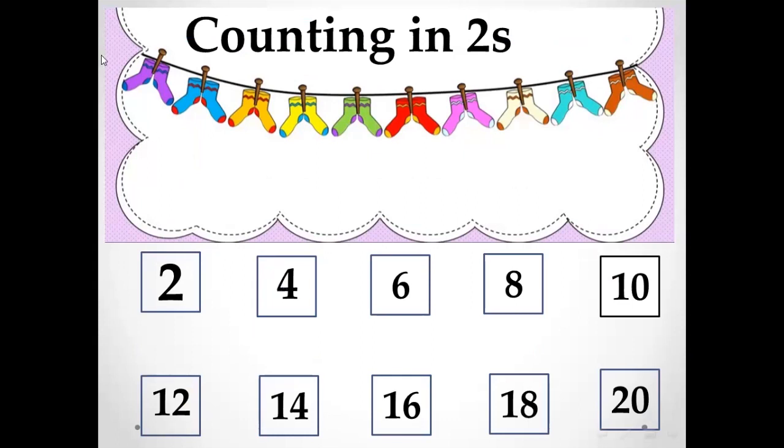So, counting by twos, I skip one number. I do what? Skip one number. So, I start with 2 and skip 3 and move to 4.